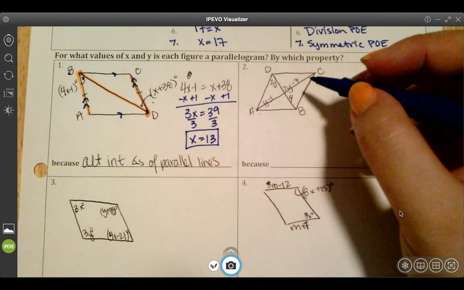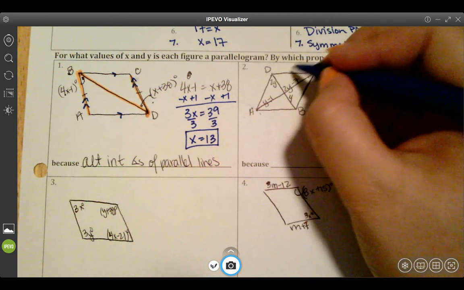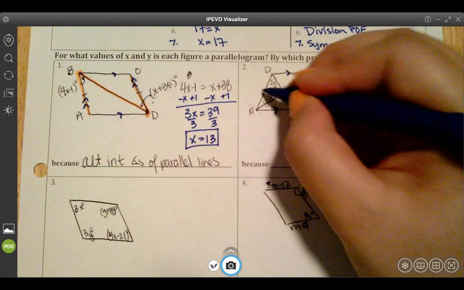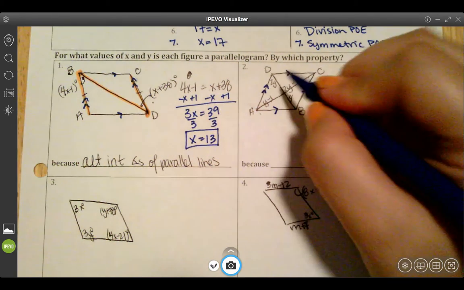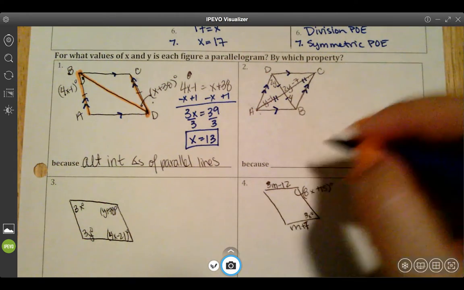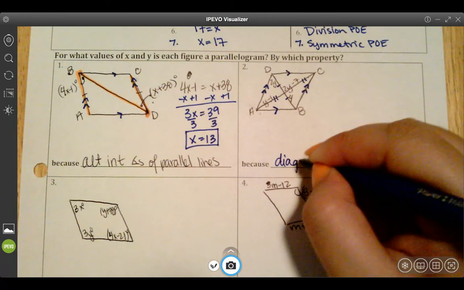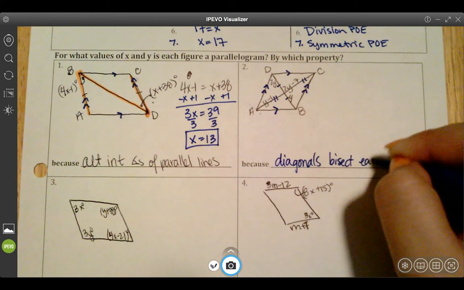In number 2, now remember we are saying what would make this a parallelogram. So we're saying if these sides are parallel, what properties must we have? Well, we have that diagonals bisect each other.